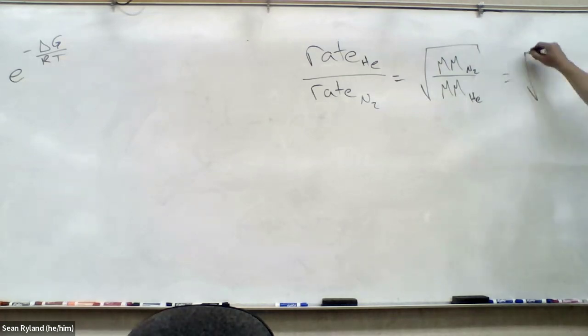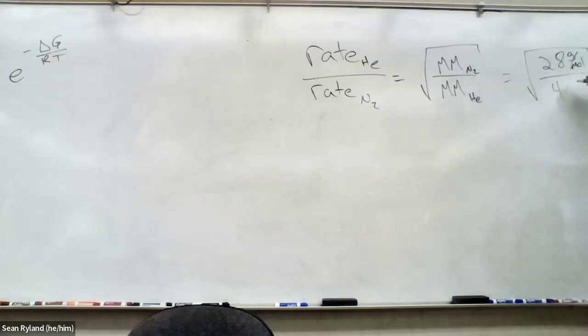What's the mass of nitrogen? So N2 is going to be about 28, right? And helium's around 4. So those are actually convenient numbers if we're just doing estimates in our head.